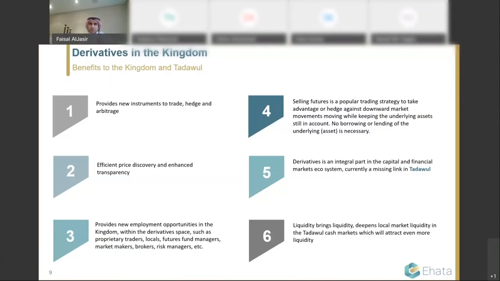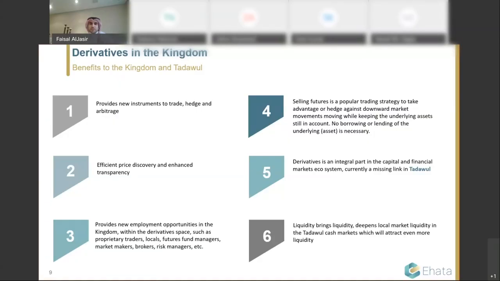So he would buy the cheap one in one index and sell the more expensive one in another index, and in this way he can book riskless profits. So this is important, just to give you a sense of who would be jumping in to trade derivative instruments. And these are the three main categories, I would say.